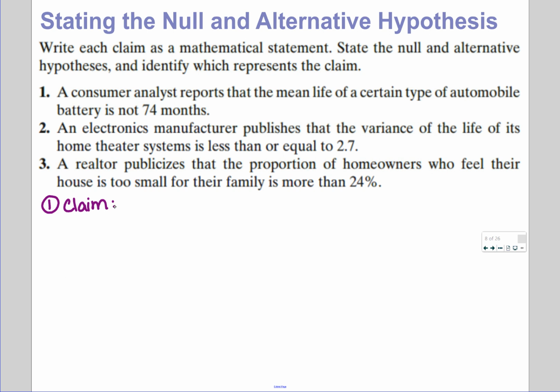The claim says something is not. So what mathematical symbol are we going to use? Not equal to. If it's not equal to, is it the alternative or the null? The Ha. The claim is the alternative. And the claim that's being made is about the mean.